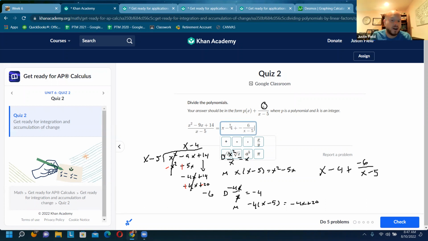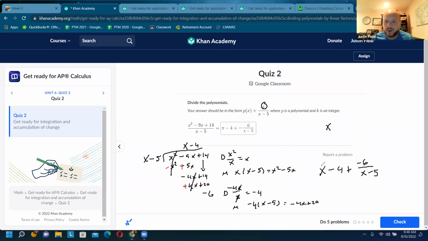So if we were to check our division with multiplication, that denominator would cancel out. Even though it's polynomial division, I just want to show you that if we multiply this by x minus 5, which is the divisor, then this would cancel out and that'd just be negative 6. Then x minus 4 times x minus 5 would get you 20.